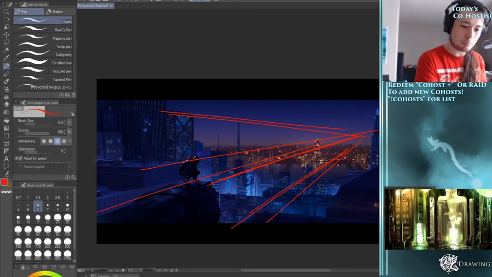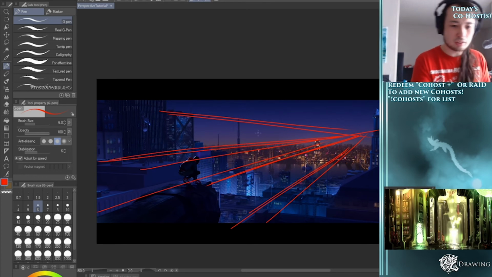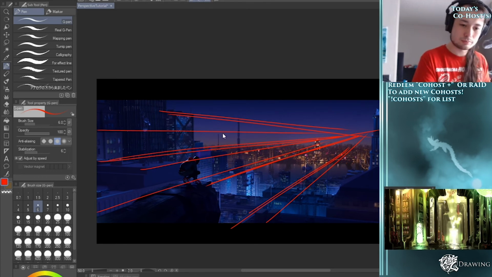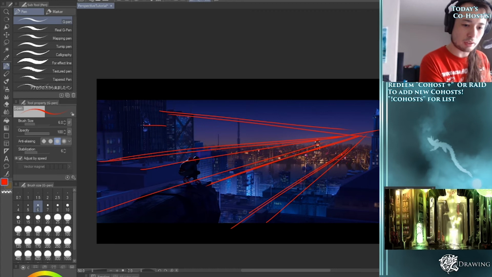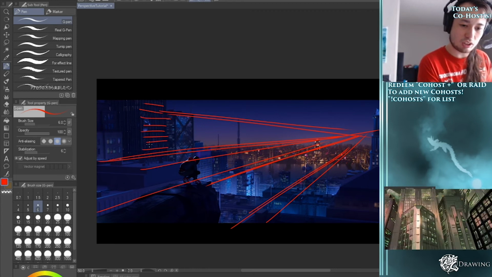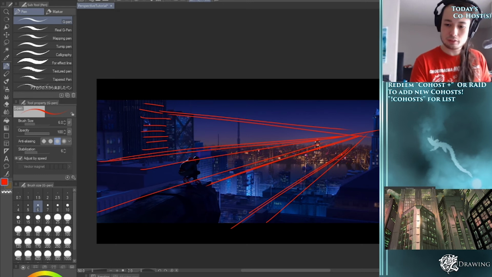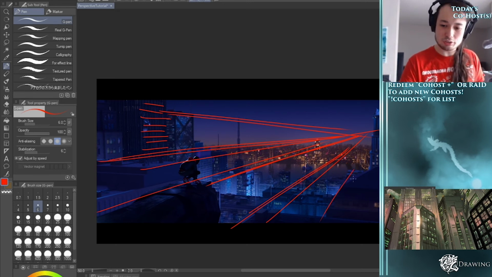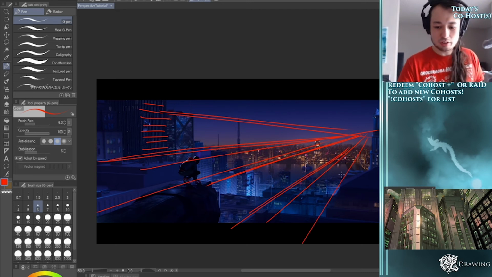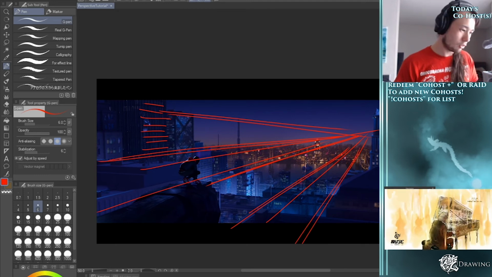If they aren't parallel lines, then this isn't isometric. The giveaway, I think, is this building here. You see how these angles change slightly? So it can't be isometric because the angles are changing so much. Okay.